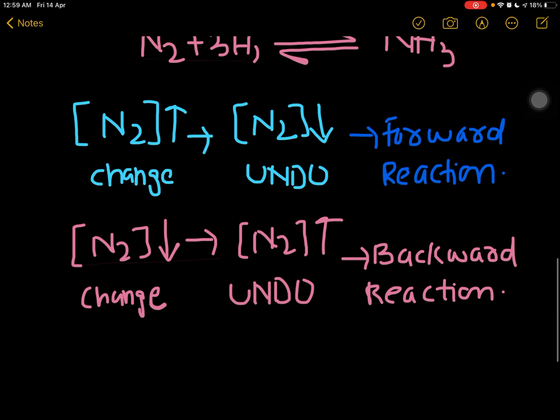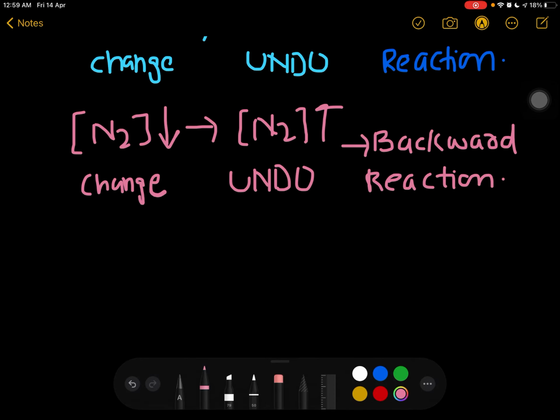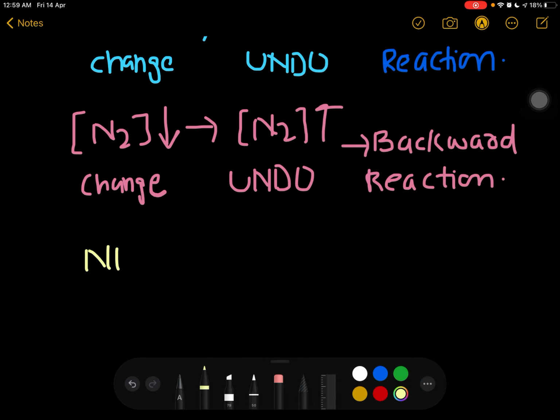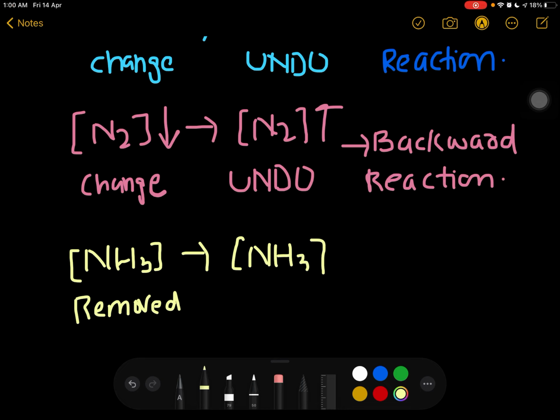Backward reaction, right? What if I remove the amount of NH3? If I remove the NH3, obviously the undo will be to increase the NH3 amount.